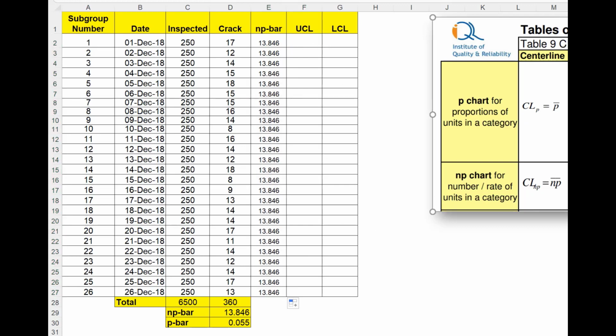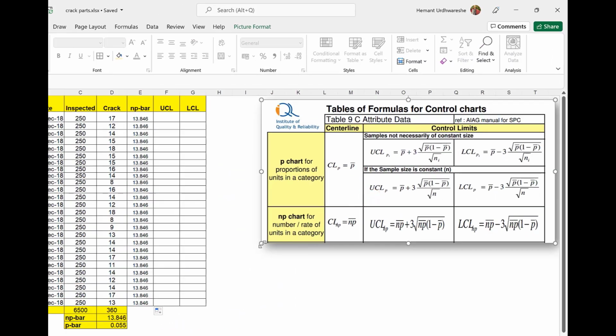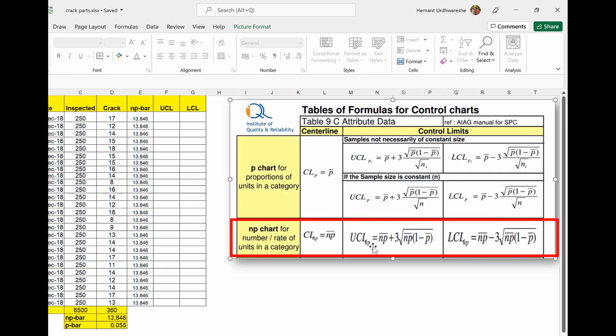Now the upper control limit can be calculated using the formula shown in the table. UCL NP is equal to NP bar plus 3 into square root of NP bar times (1 minus P bar), and LCL is given by NP bar minus 3 into square root of NP bar times (1 minus P bar).